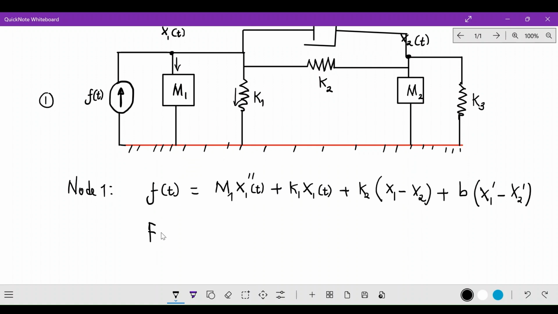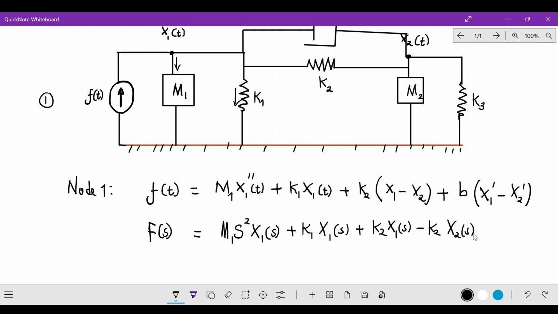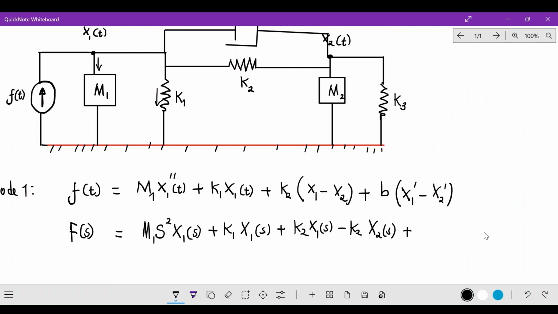So the Laplace of f of t is simply F of s, and this is equal to m1 times the Laplace of the second derivative, assuming the initial condition is equal to 0, which is s squared x1 of s, plus k1 times the Laplace of x1 of t, which is x1 of s, plus k2 times x1 of s, and then minus k2 x2 of s, and then plus b times the Laplace of the first derivative, which is s times x1 of s, minus b times s x2 of s.